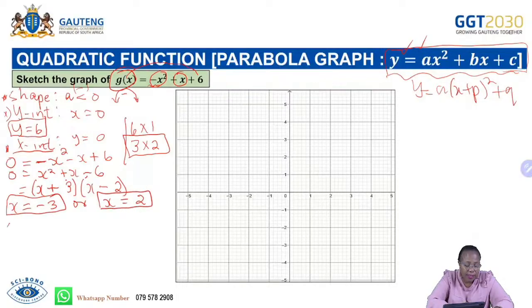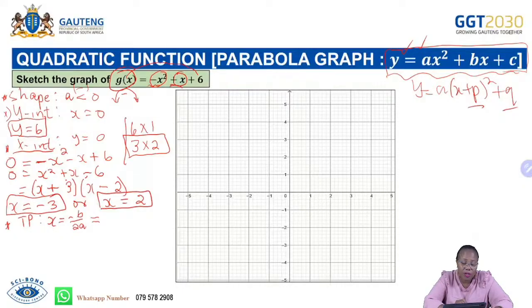And then lastly, grade 12, we must look at the turning point now because we are looking at the parabola graph. In this case, you cannot just take from the equation like that one. You need to calculate using x equal to minus b over 2a. We have three alternative methods there. Let's start with this one. And then what is the b value here?